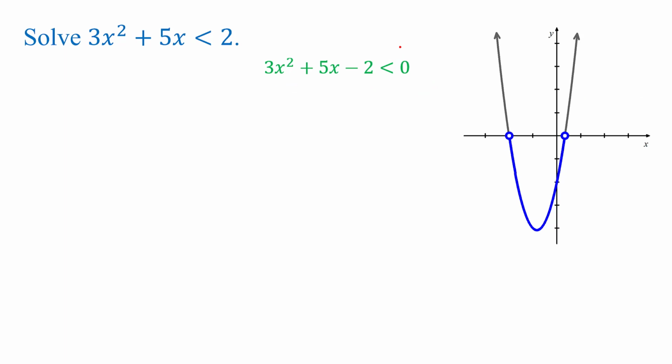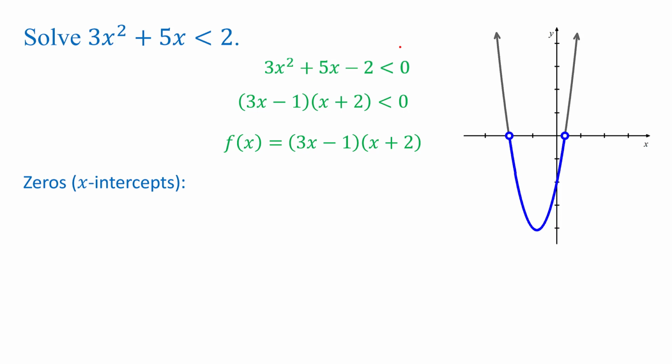We would still start by getting a 0 on the right side of the inequality, but now I would factor the left side into 3x minus 1 times x plus 2, and then name the left side f of x, this time in factored form: f of x equals 3x minus 1 times x plus 2. Next I find the zeros of f of x.